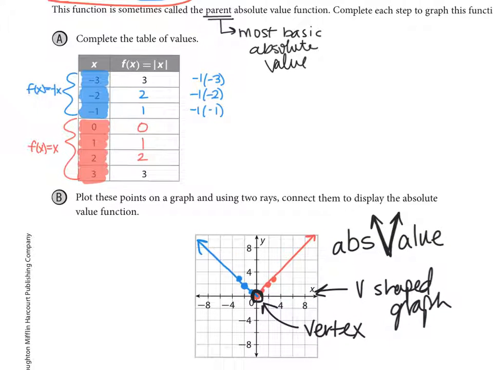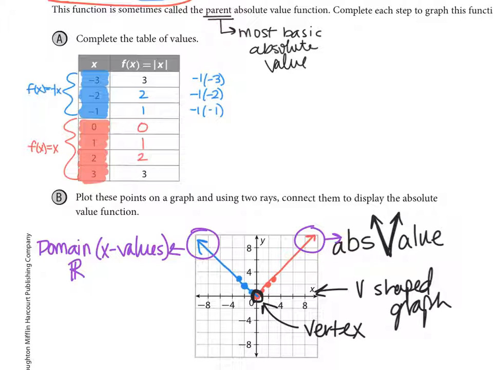Okay, the last thing we're going to make a note of is the domain and range. So remember that domain are your x values. So domain are always going to be your x values. And here, these arrows are pointing out forever. So if I'm going out in both directions forever, that means my domain is going to be all real numbers. And we have a few ways to note that.